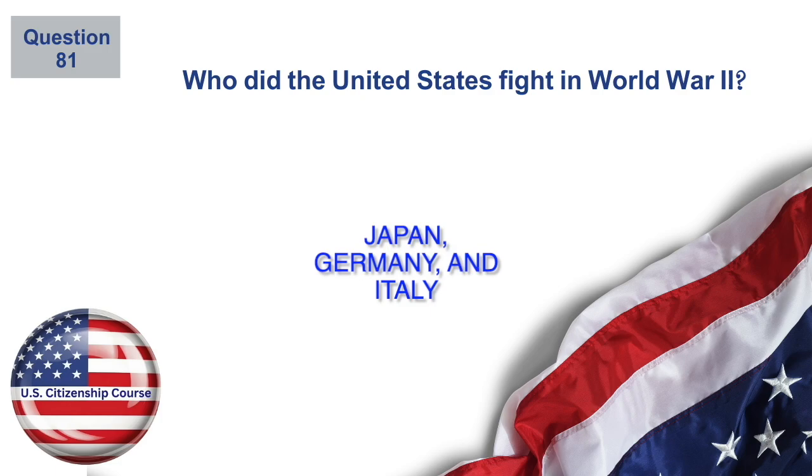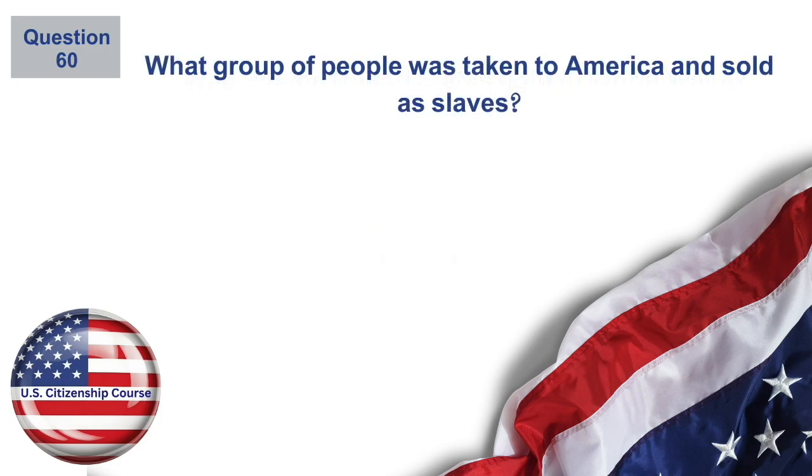Japan, Germany, and Italy. What group of people was taken to America and sold as slaves? Africans.